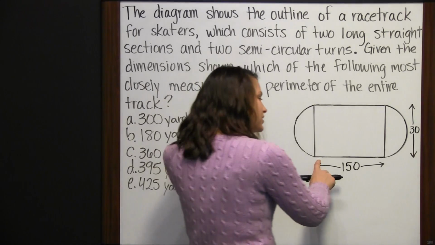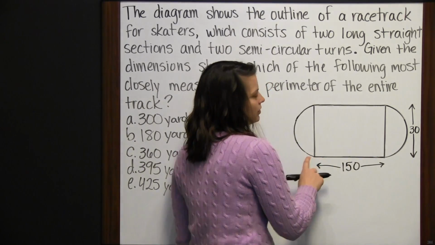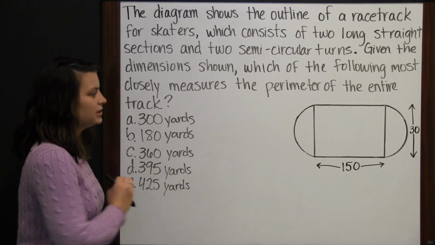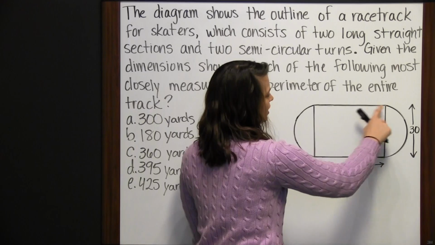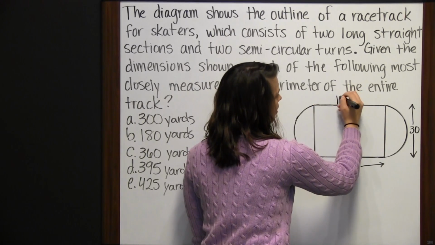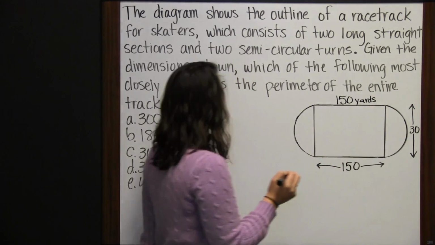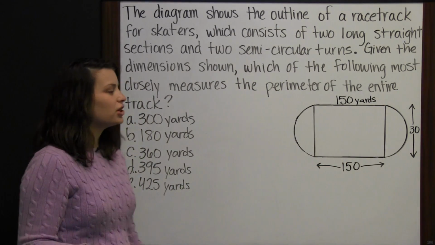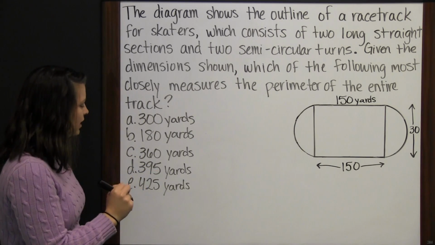Well, they've given us that this length here is 150 yards, apparently, since all of our answers are in yards. So that means that this opposite straight side here would also be 150 yards. And actually, just from that amount of information, we can already start eliminating some answers.